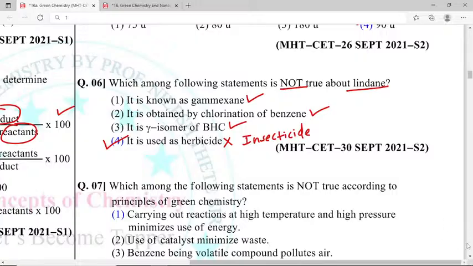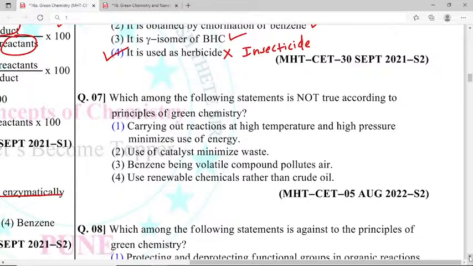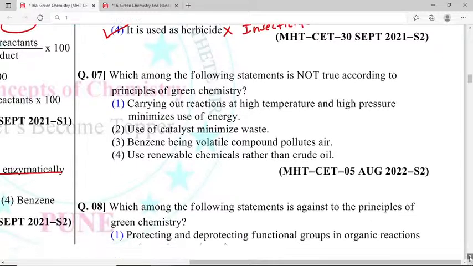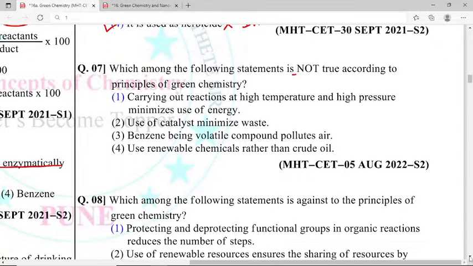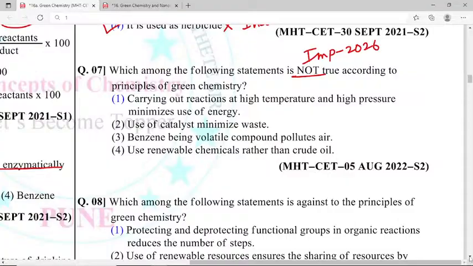Which among the following statements is not true according to the principles of green chemistry? Such type of question is very important. Please note down for exam 2026 also. Option 1: carrying out reaction at high temperature and high pressure minimizes the use of energy.